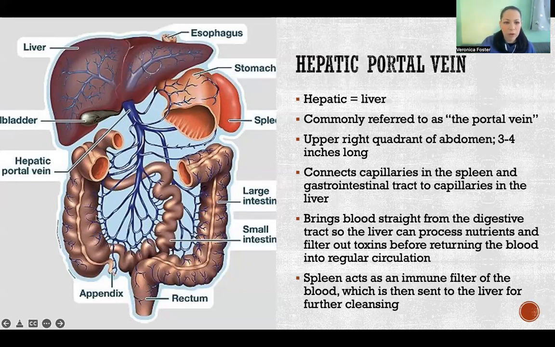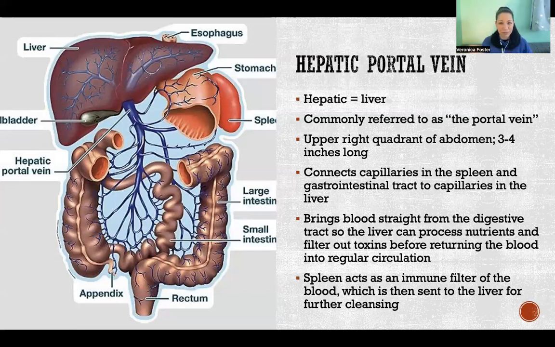So it's receiving blood from all these digestive organs, and then also the spleen, which is interesting. The spleen essentially acts as an immune filter of the blood. So it makes sense that after the spleen does its job as an immune filter, it would also send the blood that it just filtered straight to the liver, where the liver can continue to cleanse and detoxify that blood.